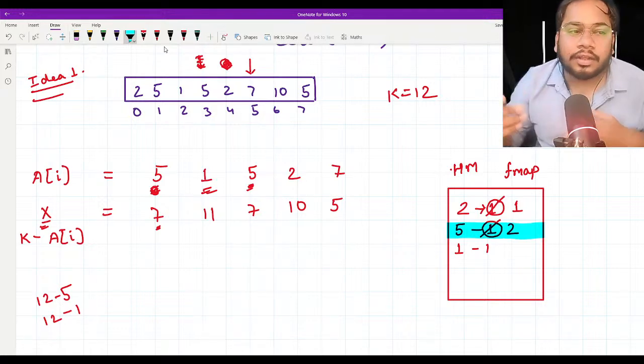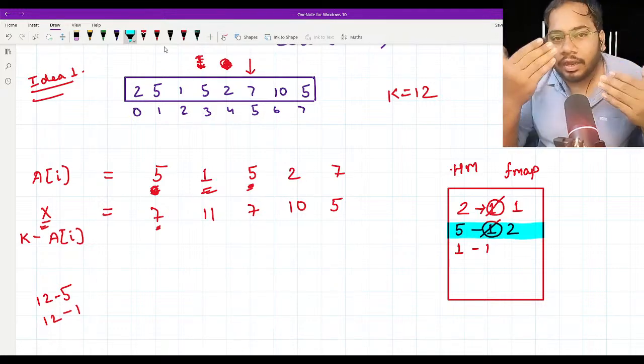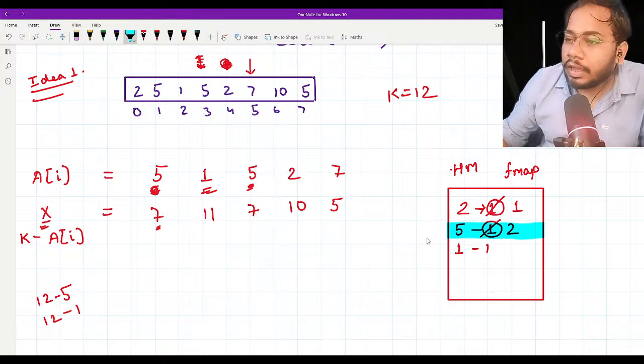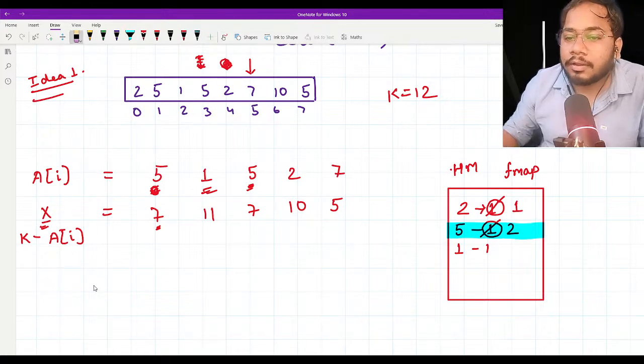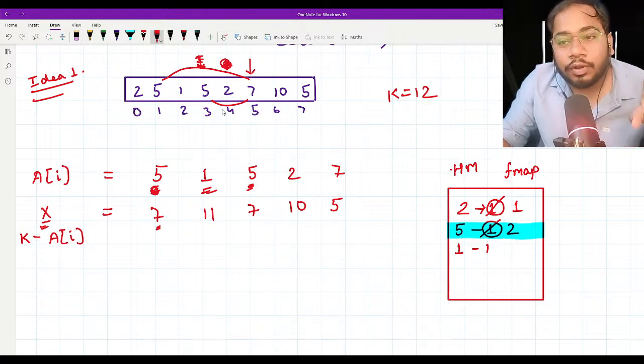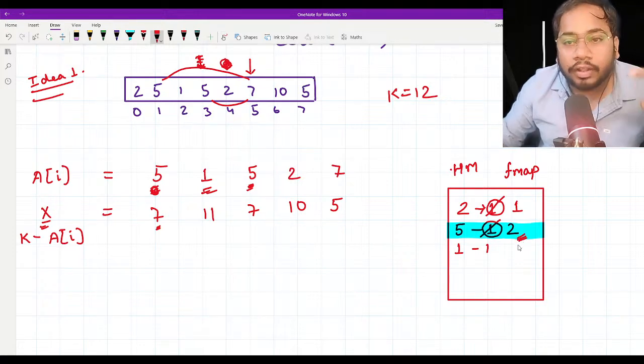So if 5 is present 2 times, this means that if we pair this 7 with either 5, it will result in 12. Have you understood this? So we will increment the count by the number of occurrences of this 5.